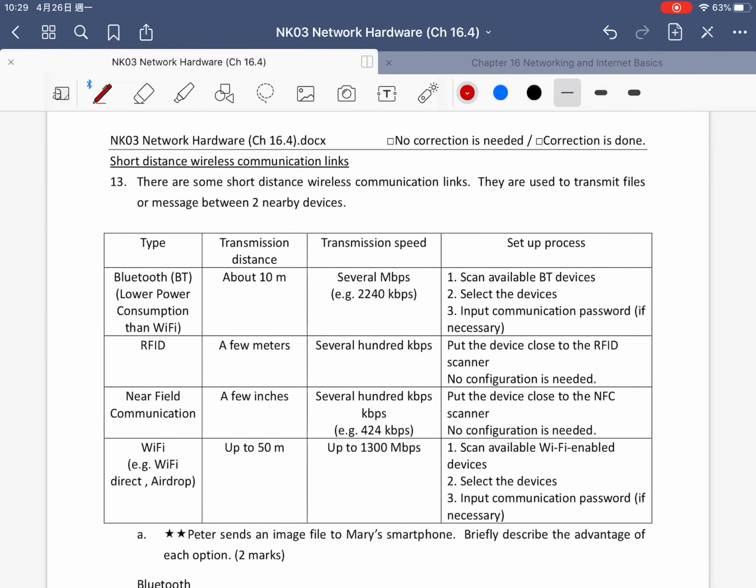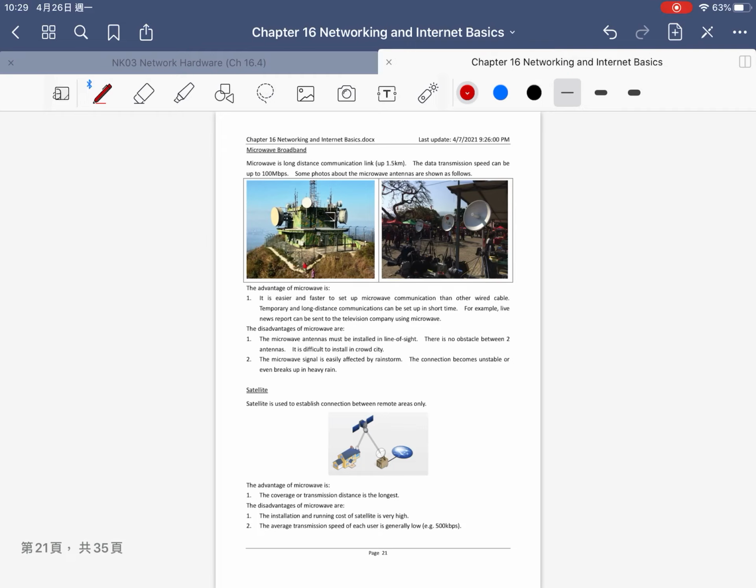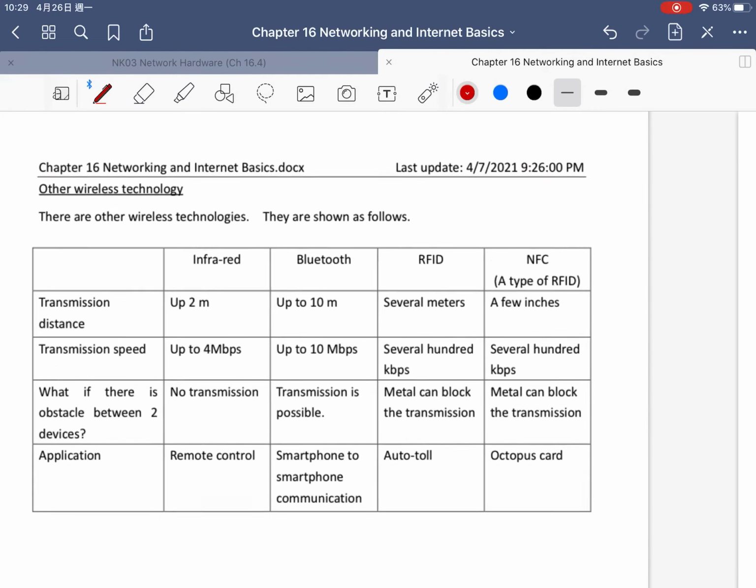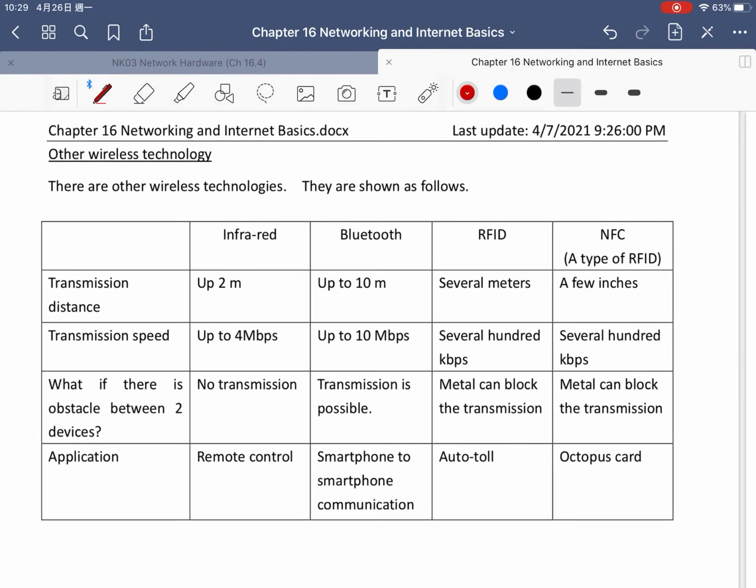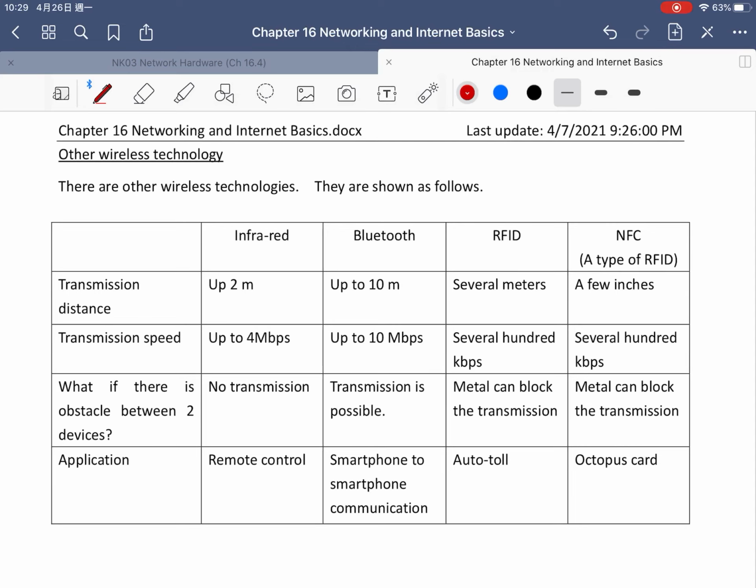Okay, the last one is about other short distance wireless communication links. We can take a look here. Besides Wi-Fi and mobile data network, there are other types of wireless technology.